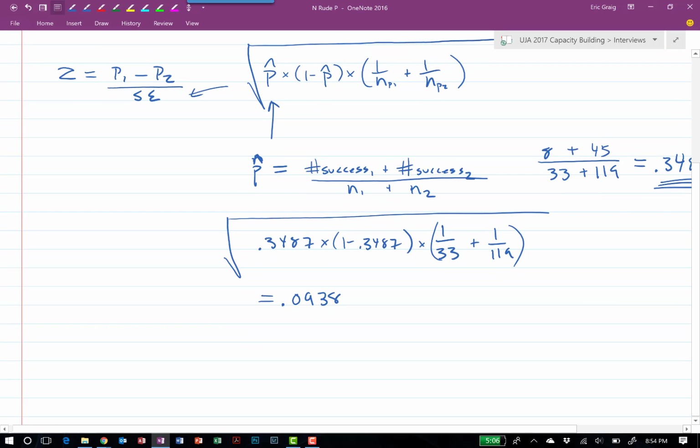So now we are almost home. We can just about figure out our z-score. We've got our z up here. Let's move it down here.